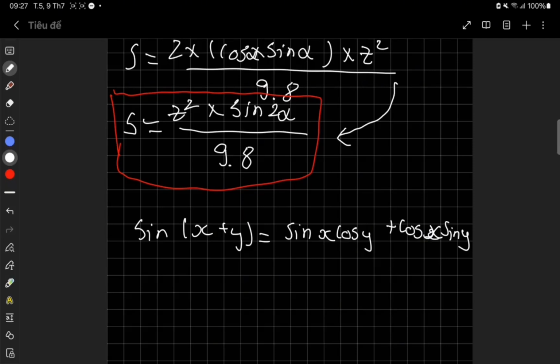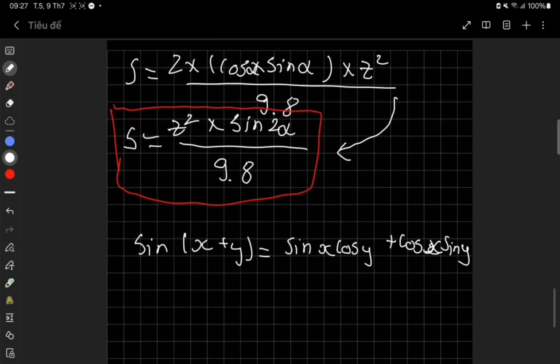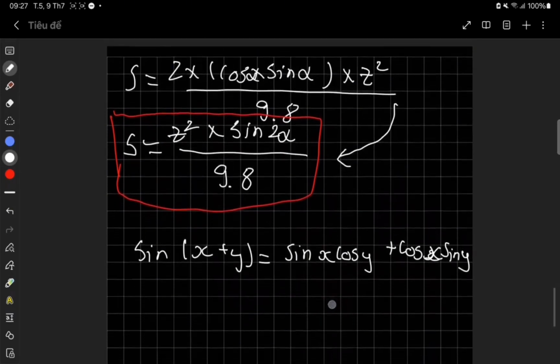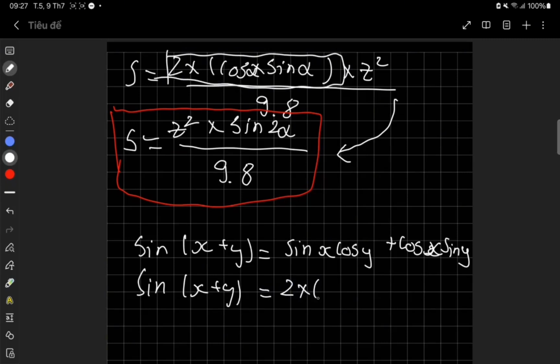So from this step we have sine of x plus y equals, which is this part right here, 2 times.